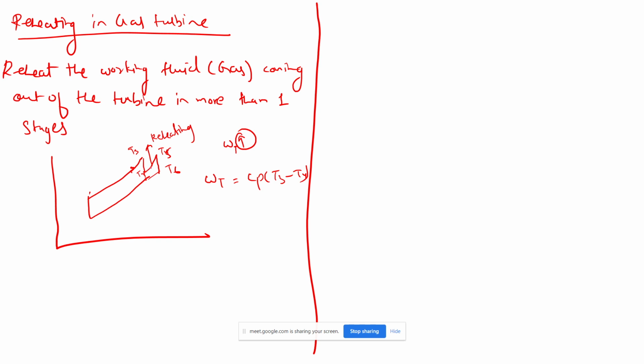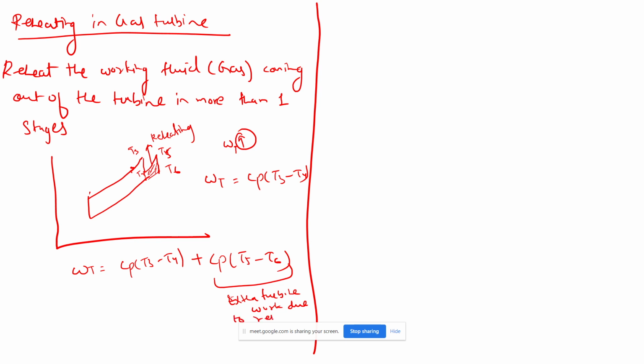So the turbine work will increase: Cp (T3 minus T4) plus Cp (T5 minus T6). This extra turbine work we are getting due to reheating.